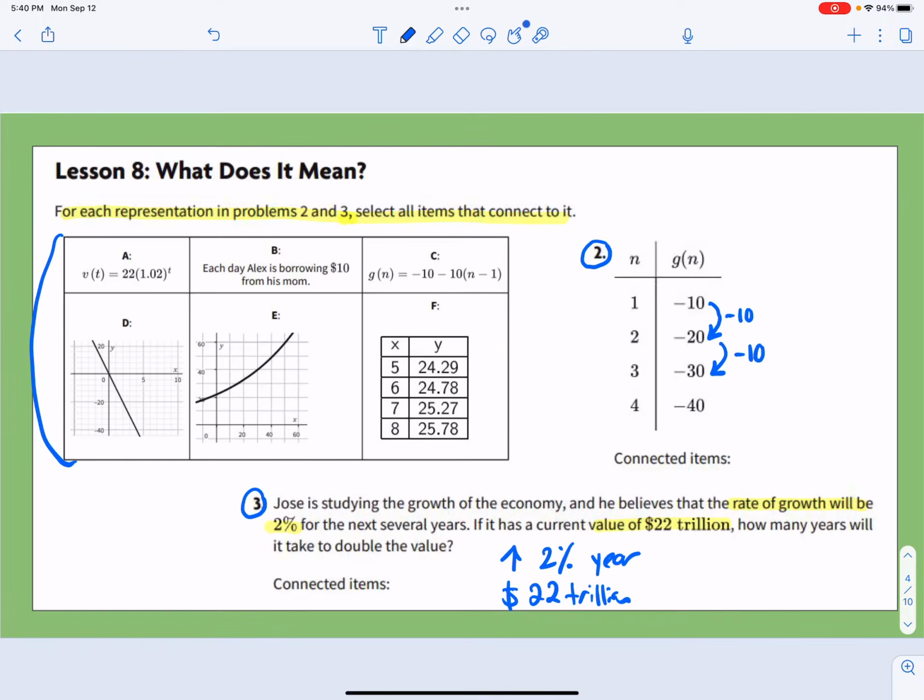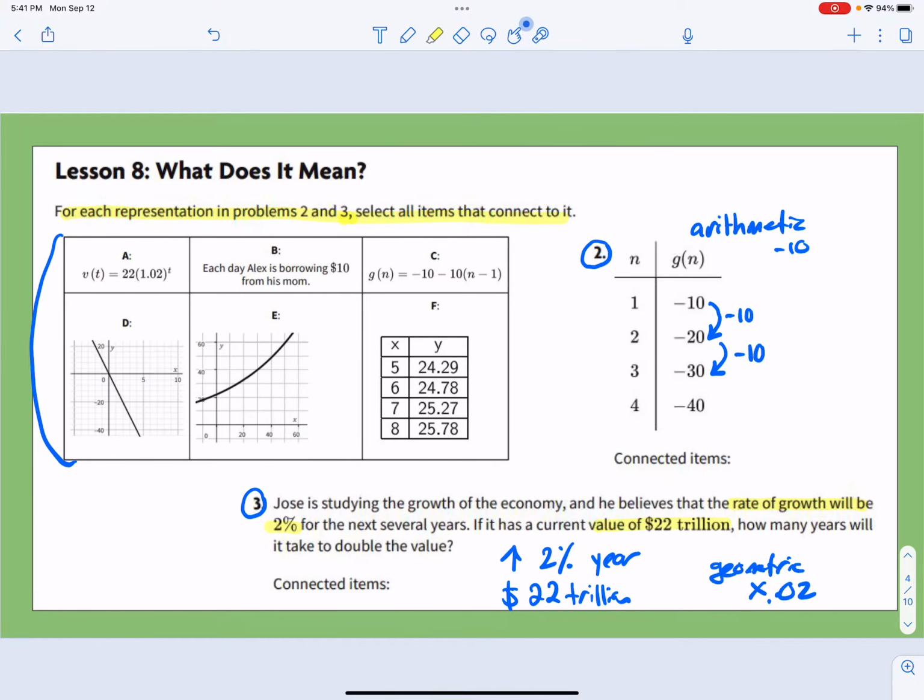Just comparing the two things. Here we can see that we have an arithmetic sequence because we're subtracting, minus 10. Here we seem to have a geometric sequence because I'm multiplying by 0.02, which is 2%. So now let's take a look at my options.